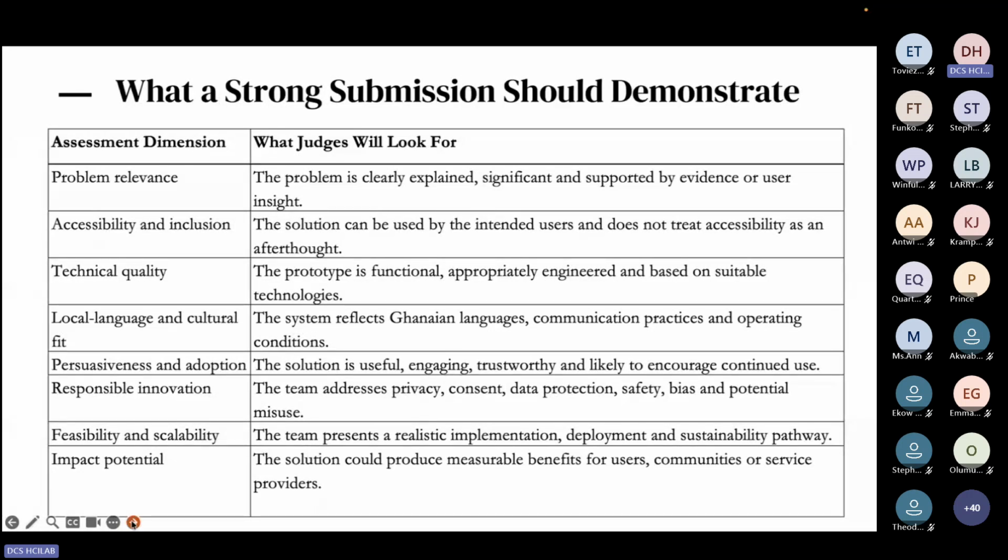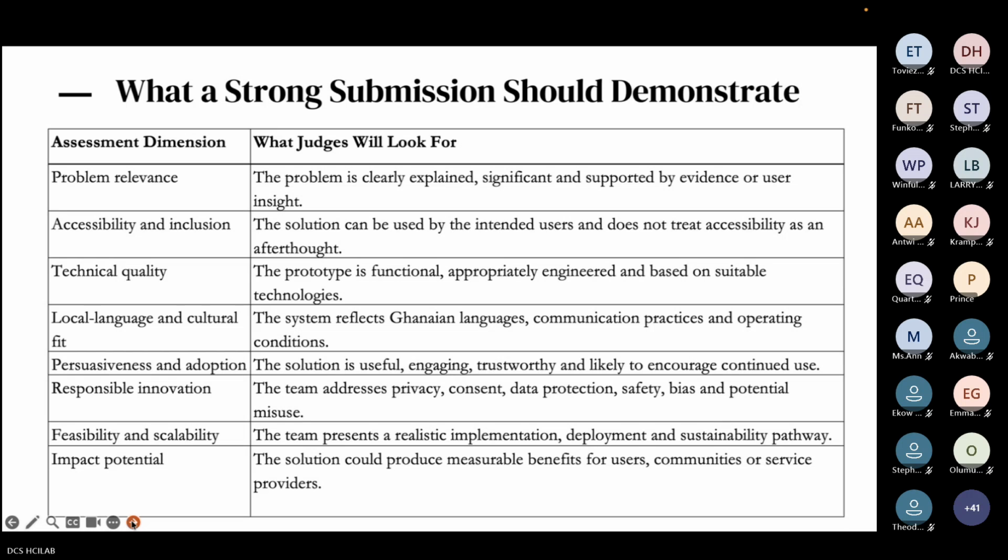Now, for the technical quality, your prototype is expected to be functional, appropriately engineered, and based on suitable technologies. Your system should also reflect Ghanaian languages, communication practices, and operating conditions. Your solution is also expected to be useful, trustworthy, and likely to encourage continuous use.